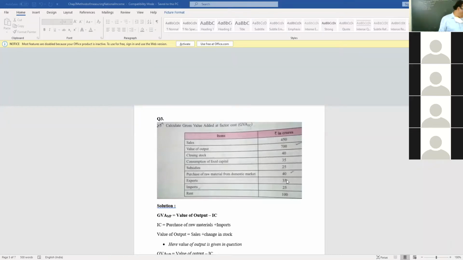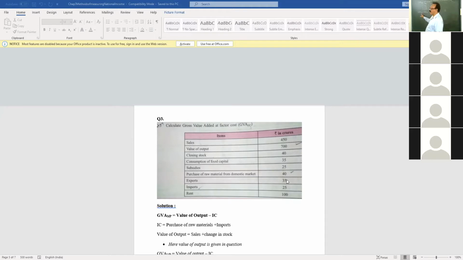What are we asked to calculate? Gross value added at factor cost. What do we have? We have gross value added at market price. These two are the same.